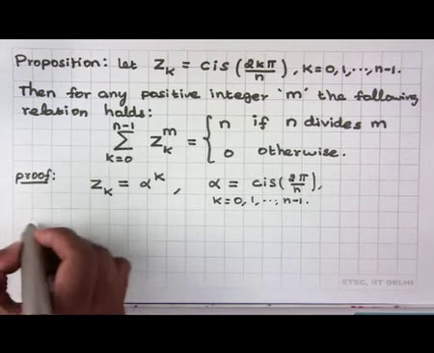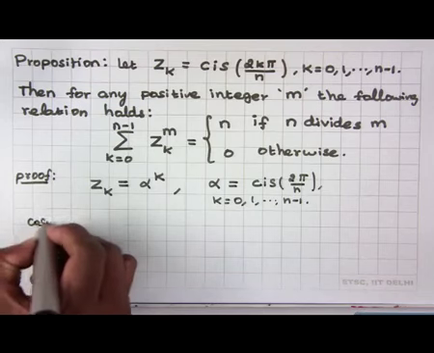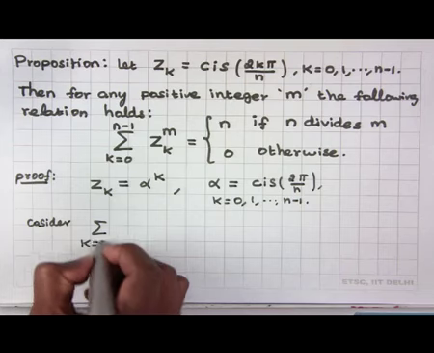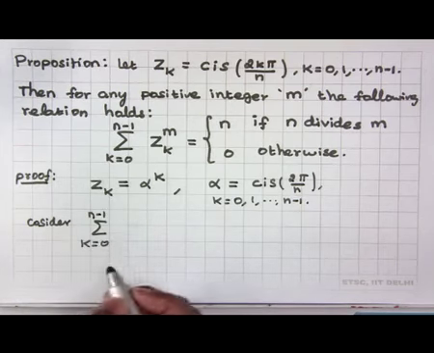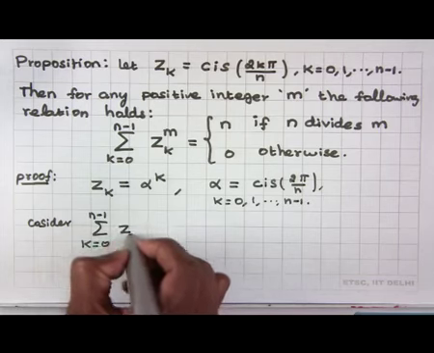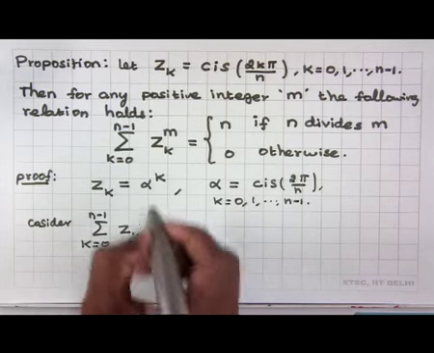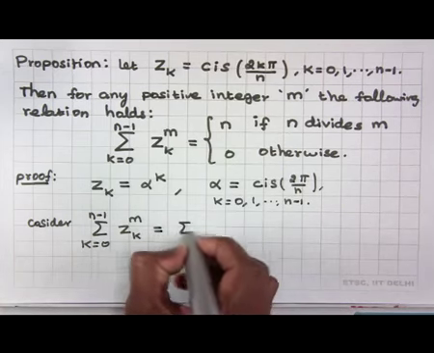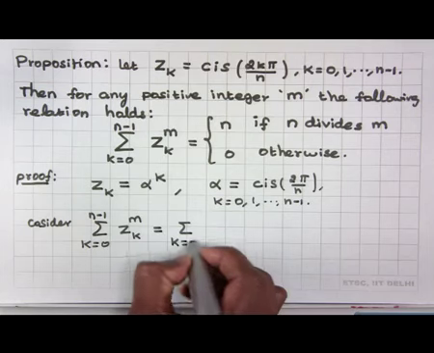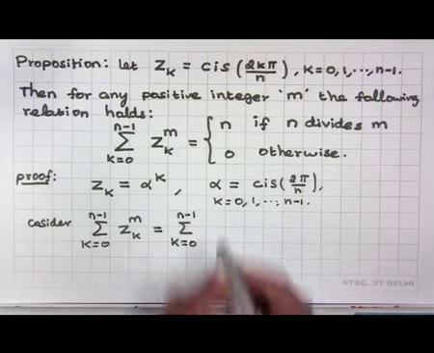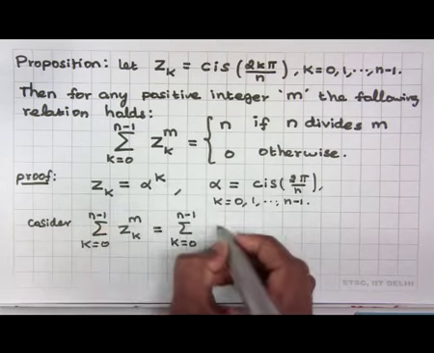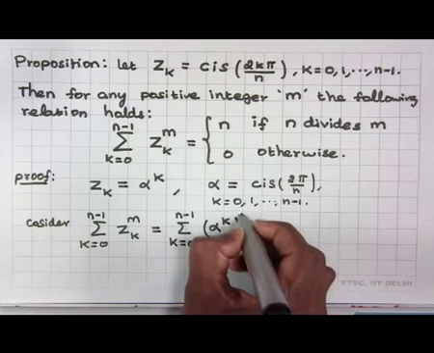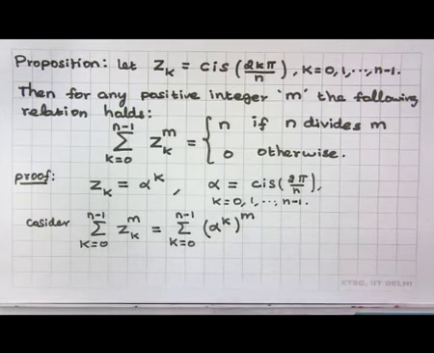Now, consider the sum, summation k from 0 to n minus 1 of z_k to the power m, which is the same as summation k equal to 0 to n minus 1, where z_k is replaced by alpha power k, raised to the power m.